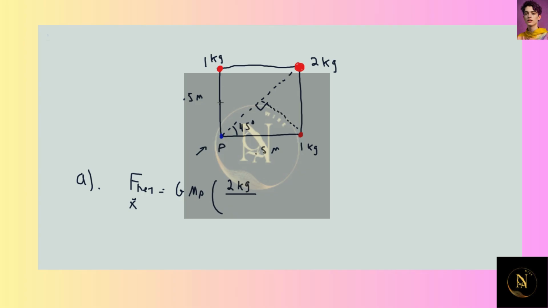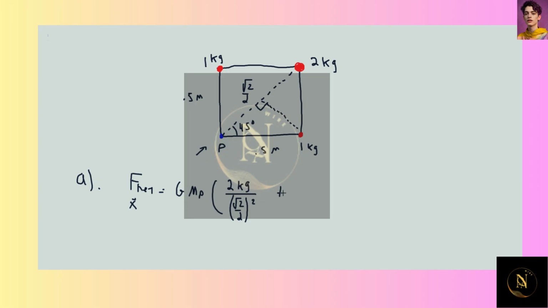This square is half a meter on each side, so we can use the Pythagorean theorem to see pretty easily that this long distance should be root 2 over 2. We're just doing 0.5 squared plus 0.5 squared, the square root of that. So we have root 2 over 2, that whole thing squared.